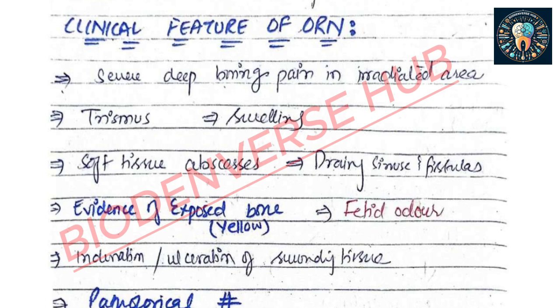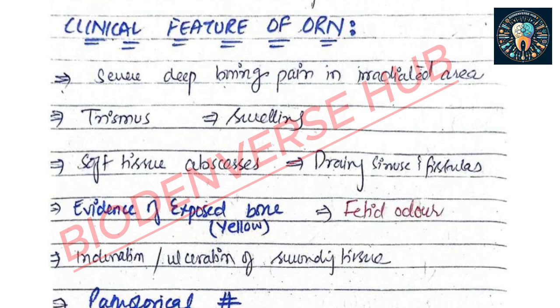Another important clinical feature will be draining sinuses and fistulas, as it is usually bone necrosis. The most peculiar and specific clinical feature of ORN will be the evidence of exposed bones. This exposed bone will be seen through the skin and the mucosa, which no longer remain intact.